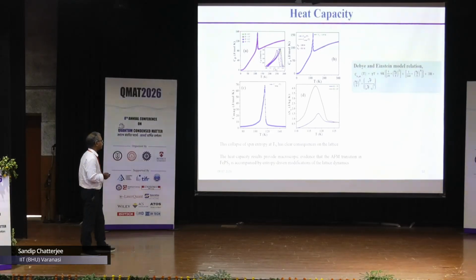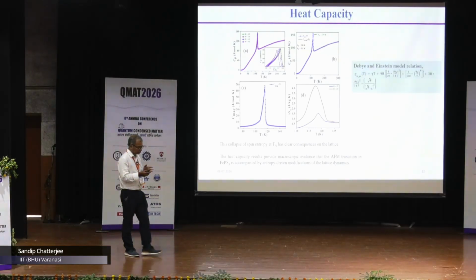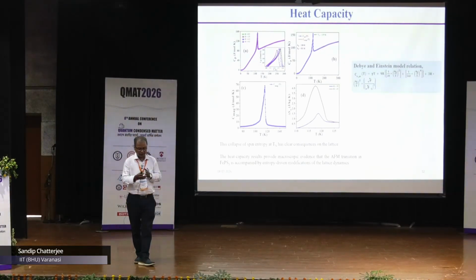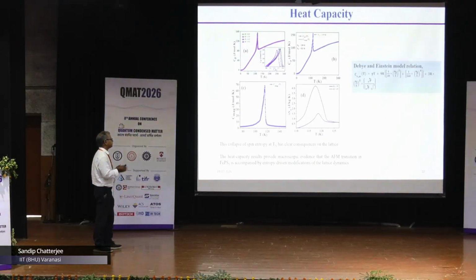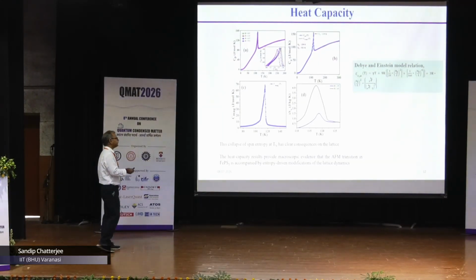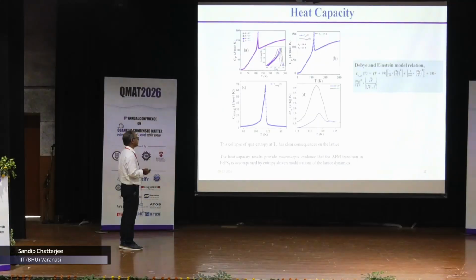This collapse might be due to the system shifting toward the ordered state. What happens? The spin-spin correlation may provide a spin-lattice interaction by decreasing the exchange striction effect.